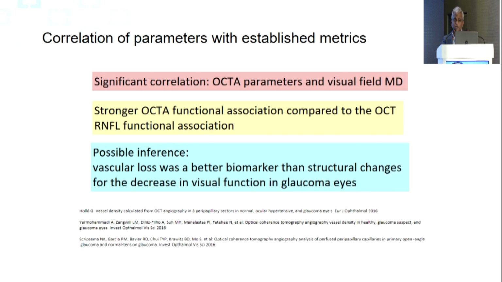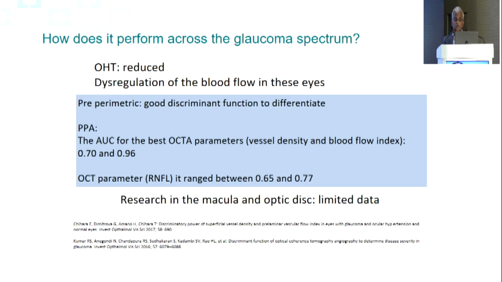If you look at correlation of parameters with established metrics, significant correlation has been found with visual field mean deviation. Stronger OCTA-function association has been found compared to OCT RNFL-function association, and possibly vascular loss might be a better biomarker than structural changes for the decrease in visual function in eyes with glaucoma.